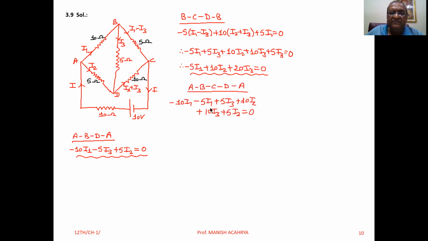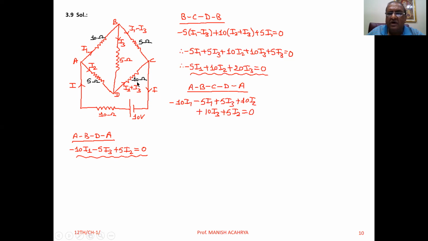Now consider the loop A, B, C, D, A, this outer one. So A to B in the direction of current, so potential difference minus 10I1. B to C in the direction of the current, so minus 5I1 plus 5I3.